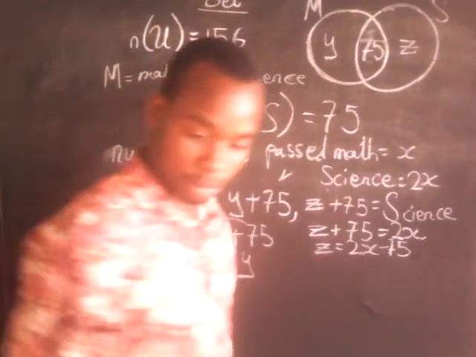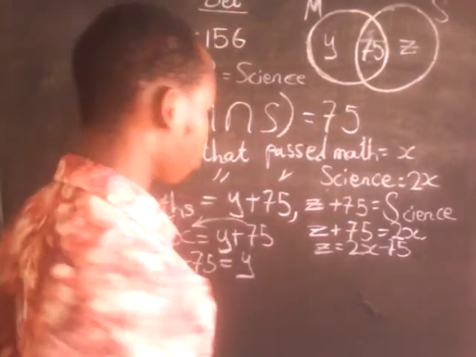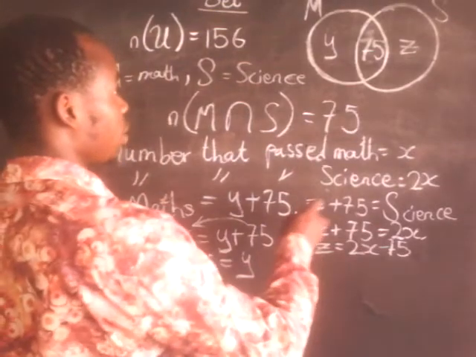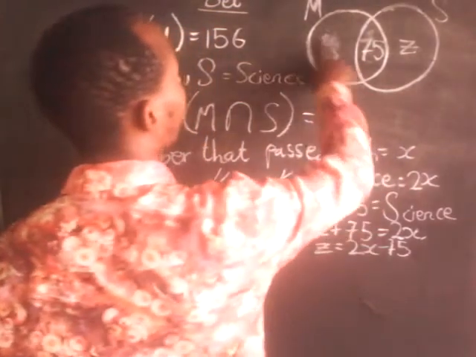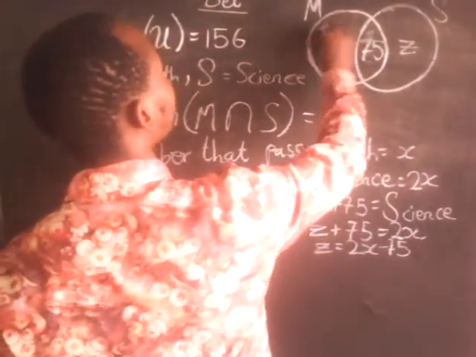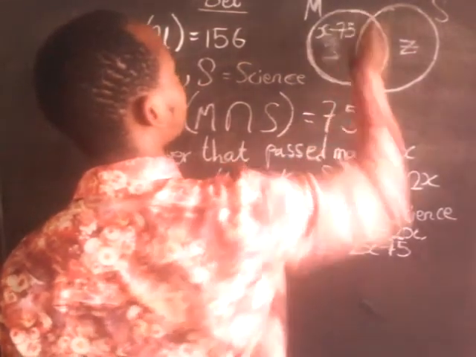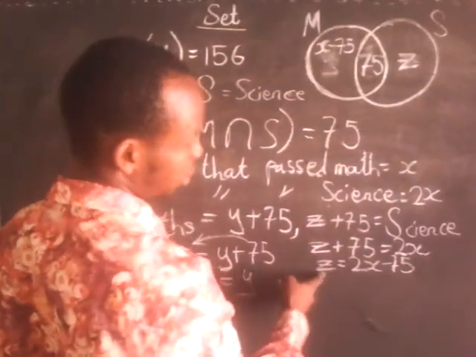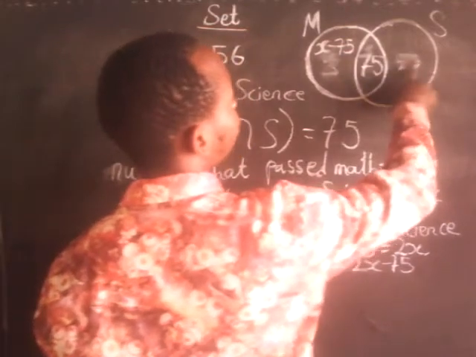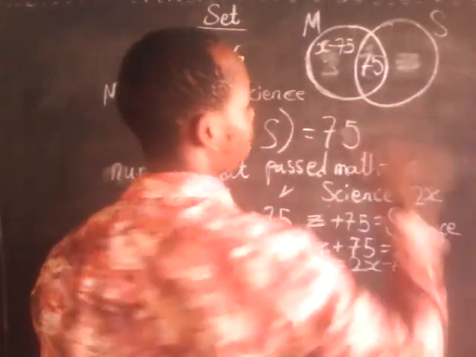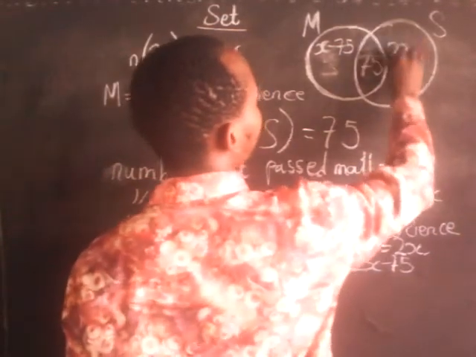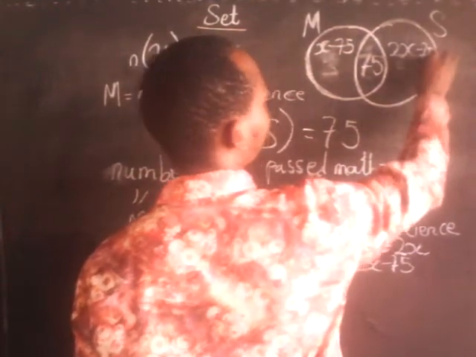And I'll be putting them inside there in place of y. I'll have x minus 75. z here, which is for people that studied only science, will equal 2x minus 75. I hope you're following me.